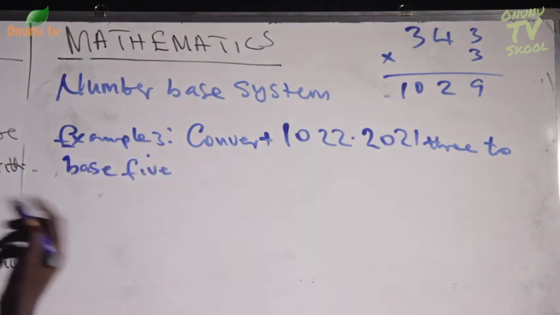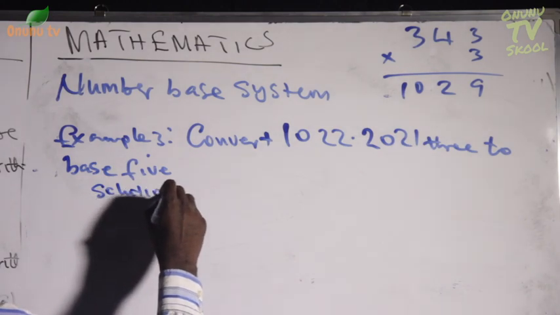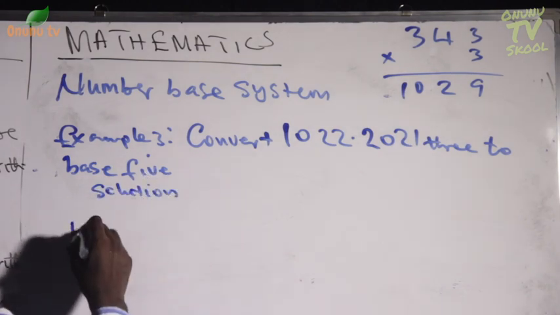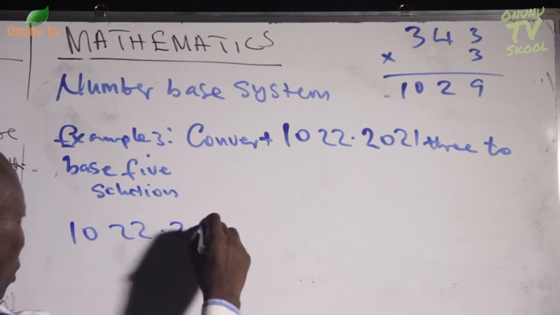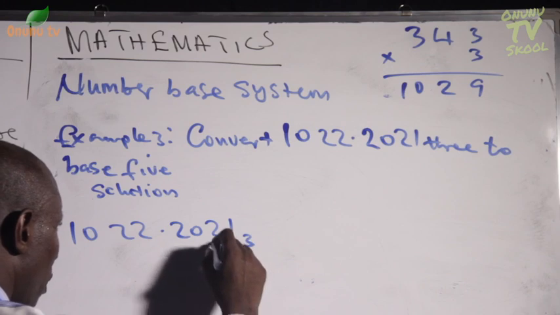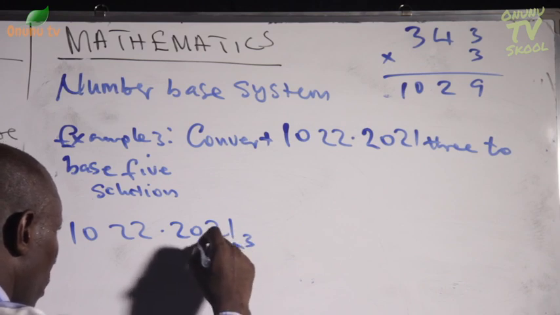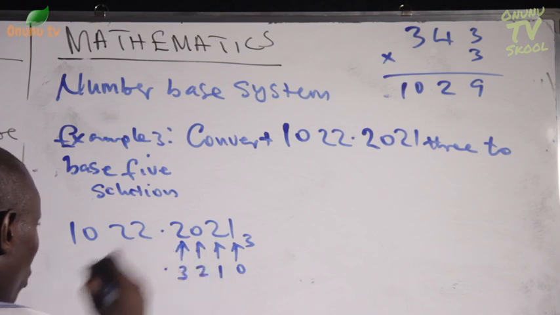Solution. Now, there's no big deal about this. We put down our number and indicate the base. 1022.2021 base 3. You have 0, 1, 2, 3, then the point.